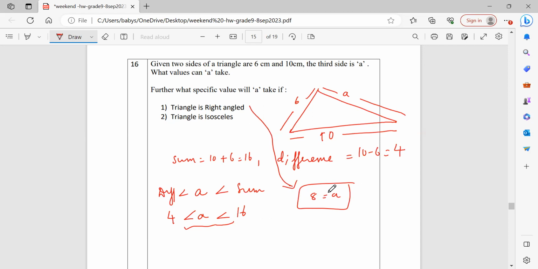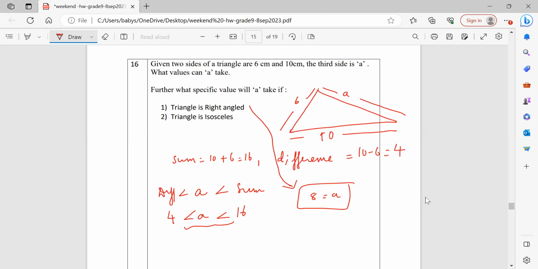Okay, 6, 8, 10, the blown up version of 3, 4, 5, so it is possible. The other thing that is possible is if it is isosceles.